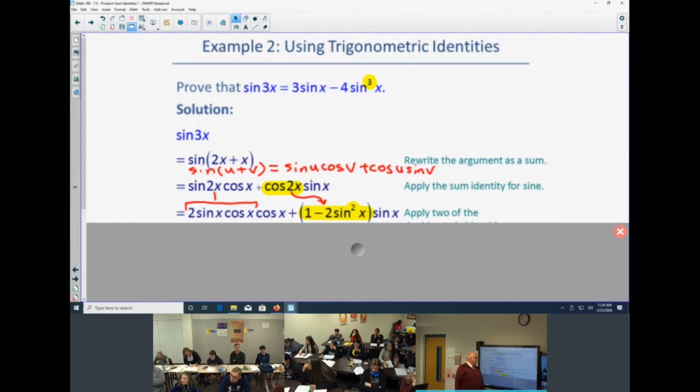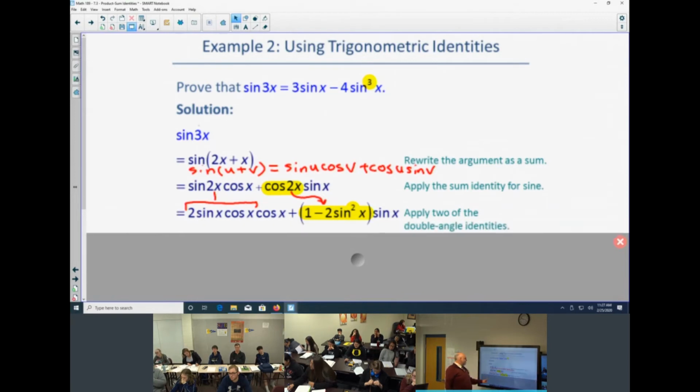All right, and then now remember there's 3 different formulas for cosine 2x. Why did I pick this one? Well, because I knew I had to get a sine cubed up here. So I picked the one that had an exponent for sine. Okay? So then times sine x. All right, so now let's go ahead and multiply this out.